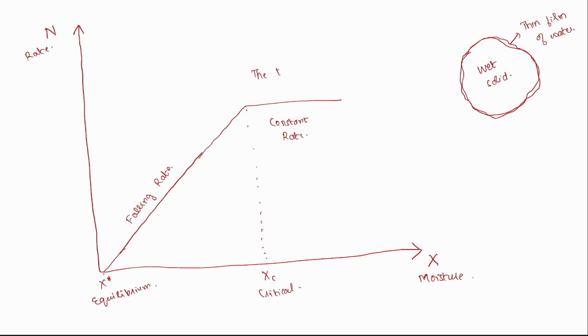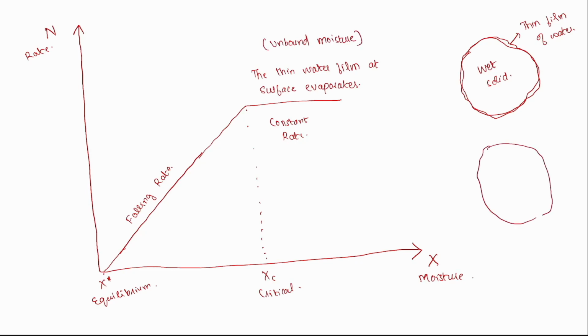So this constant rate regime represents the drying of this thin film of water which is present at the surface of the wet solid. This moisture is also known as unbound moisture. So this happens in the constant rate regime.